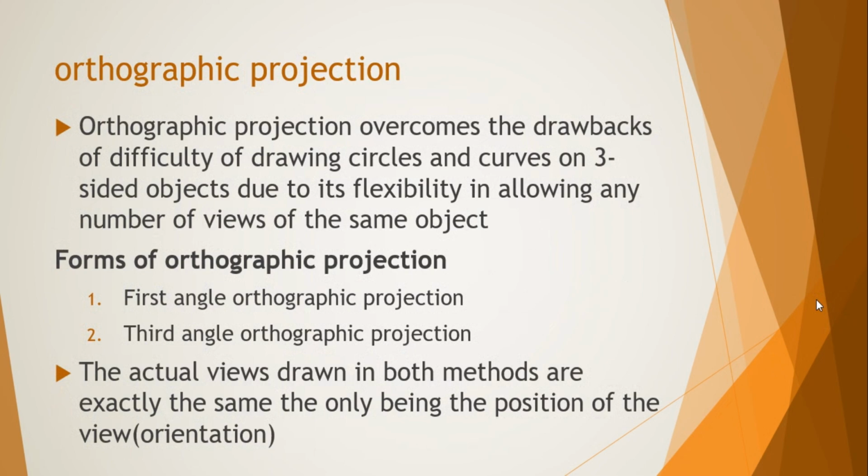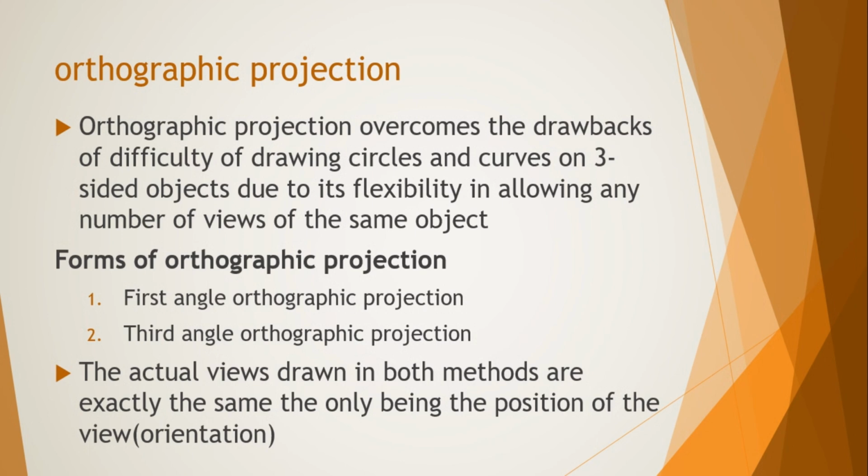Orthographic projection also has another advantage, where it overcomes the difficulty of drawing circles and curves on 3D objects, due to its complexity, by drawing any number of views of the same object. As we have discussed, you can use more than the 3 basic views. You can also add other views depending on the instruction.